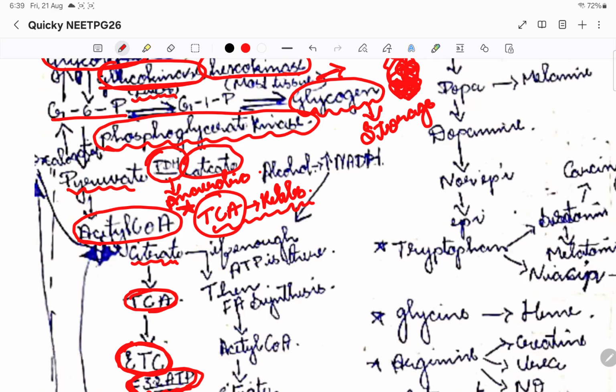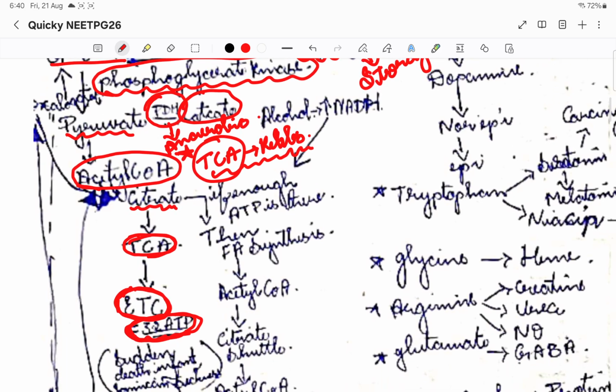This happens during exercise, when not much oxygen is available sometimes. Through lactate formation, the ATP will be produced. So this is one more pathway, if the cell is in an anaerobic environment.